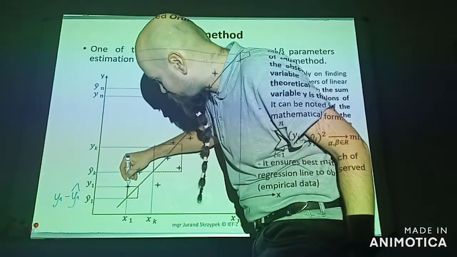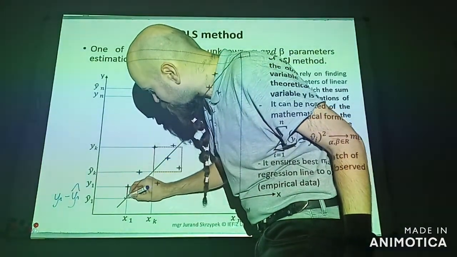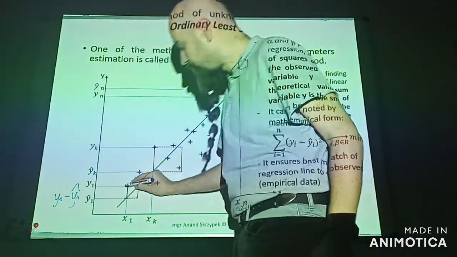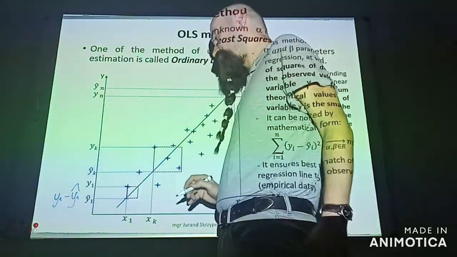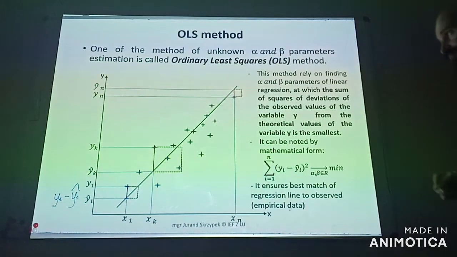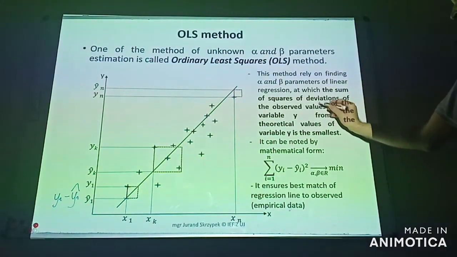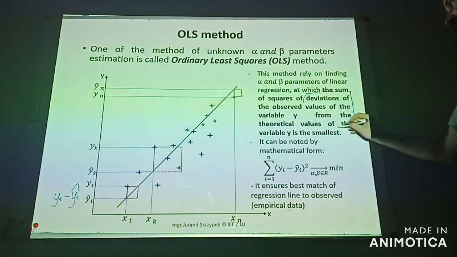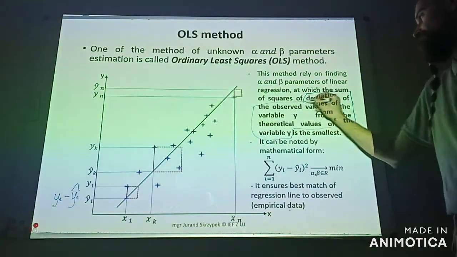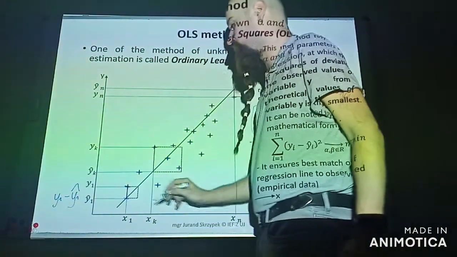This is the difference between empirical y1 and theoretical y1. Here we have the deviations of the observed values of the variable y from the theoretical values of the variable y.